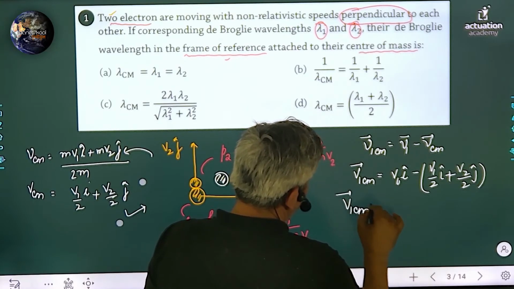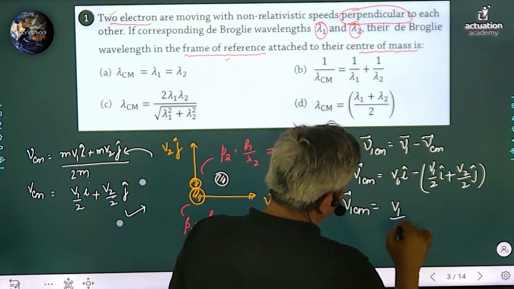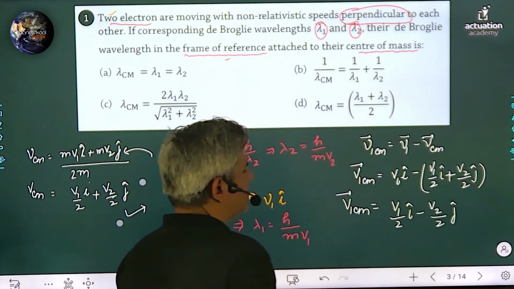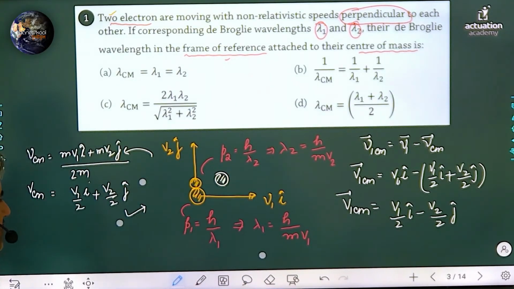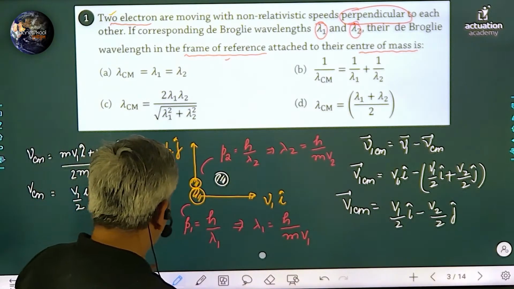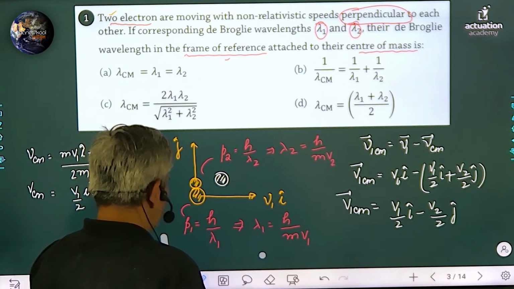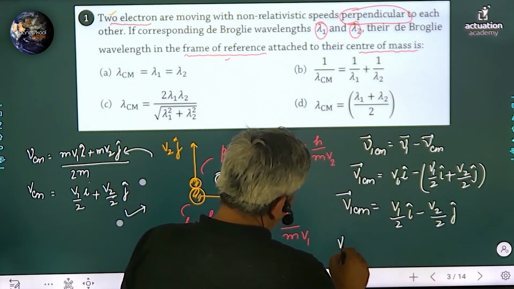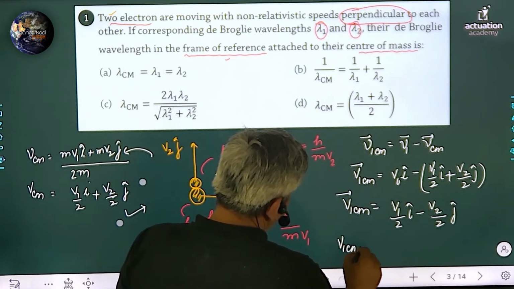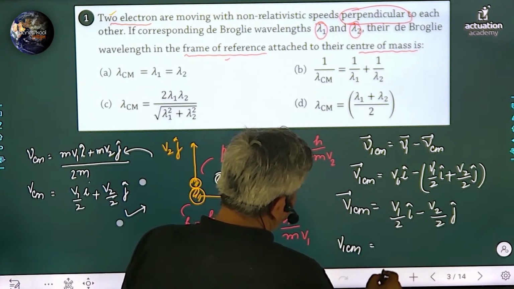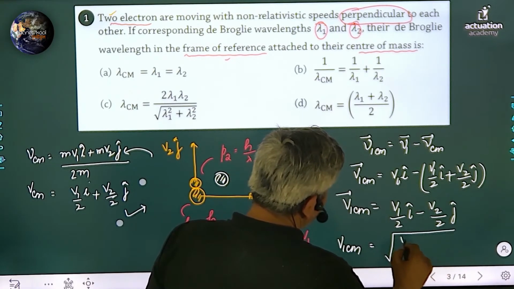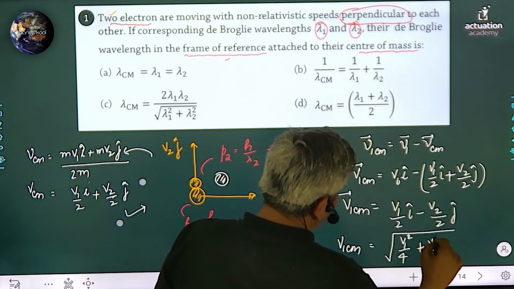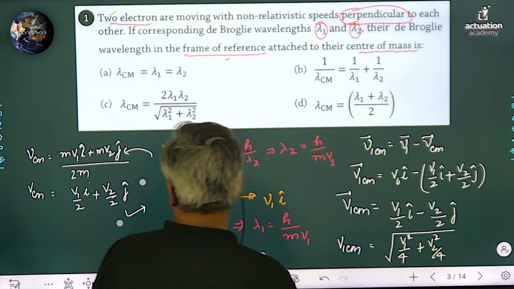So v1 with respect to center of mass can be written as v1 by 2 i cap minus v2 by 2 j cap. Now from here, the magnitude of v1 with respect to center of mass can be written as v1 square by 4 plus v2 square by 4.